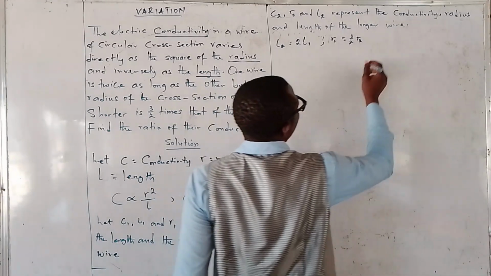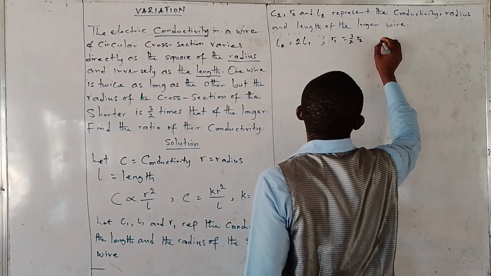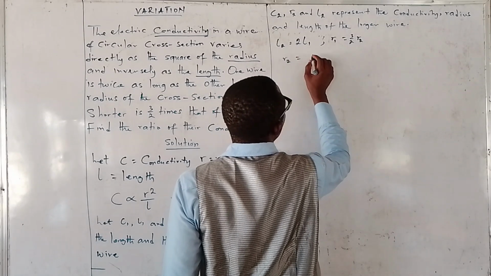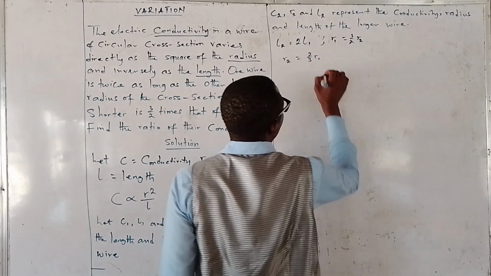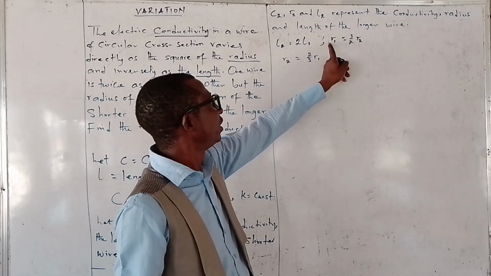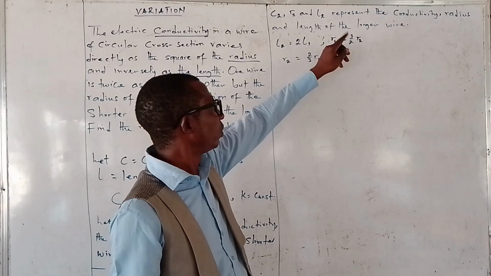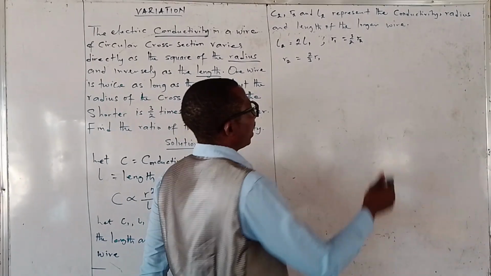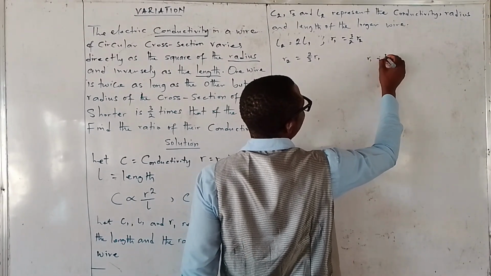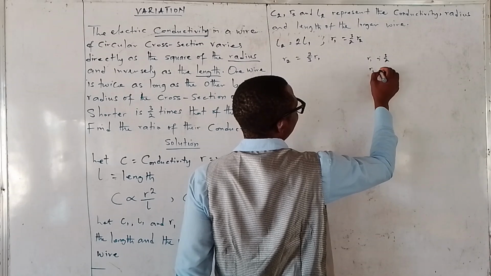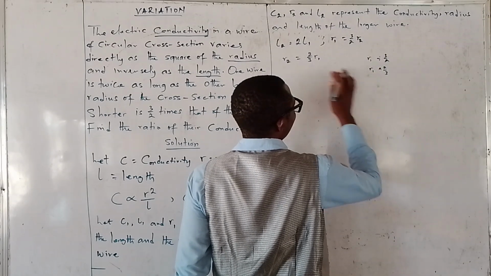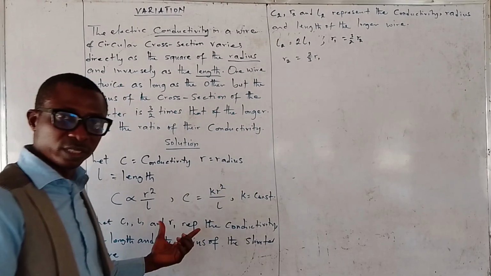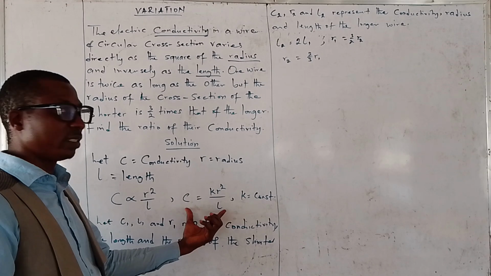So we have R2 equals 2/3 R1. When you divide R1 by 3/2, you turn it upside down and multiply, which gives R1 times 2/3.